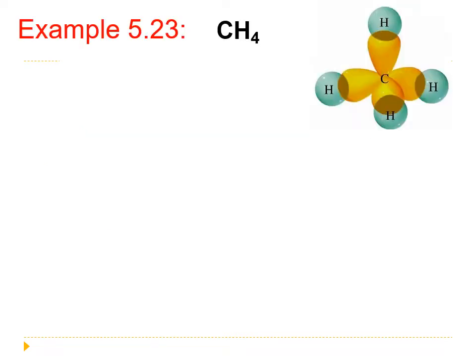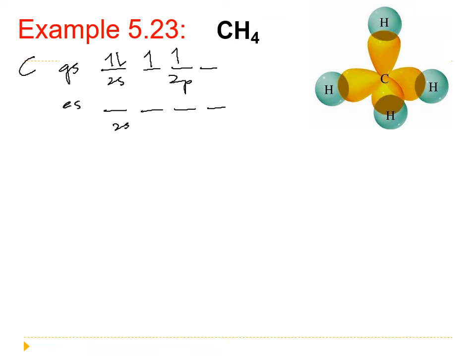Let's do an example of sp3 by using CH4, methane. For carbon, the ground state is 2 electrons at 2s, 2 electrons at 2p. Excited state, all the electrons will go to each of the orbitals of 2s and 2p in a single spin.